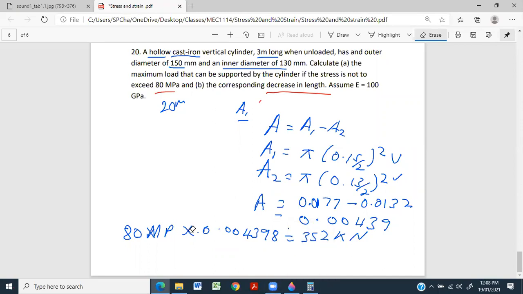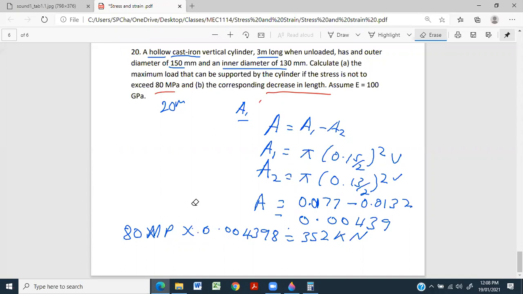Let me see. So this is 0.004398 times 80. Yeah, it's kind of like multiplying it.